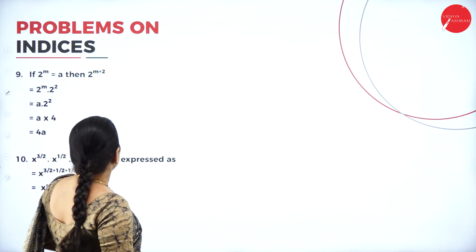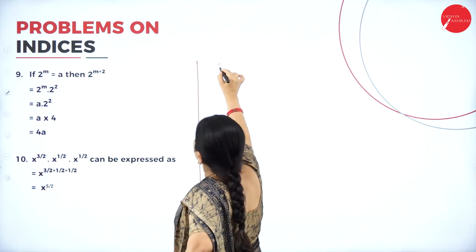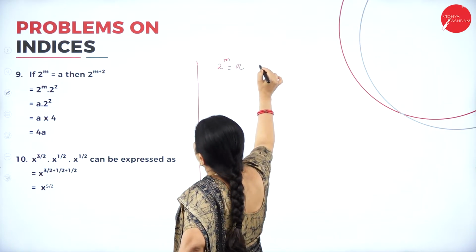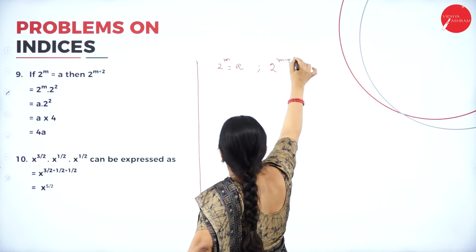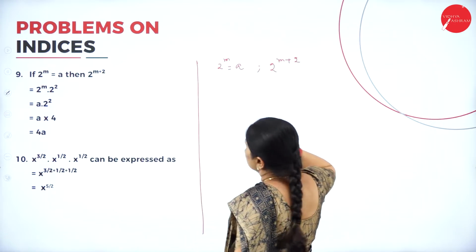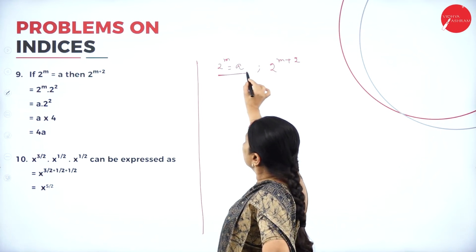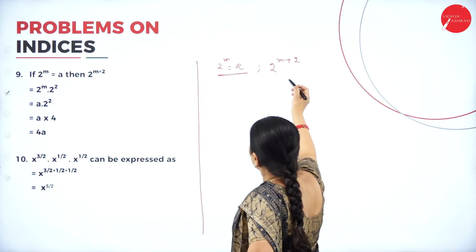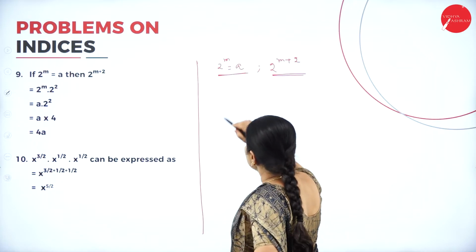Now, the next problem they have given here: 2 to the power of m equals a, then find 2 to the power of m plus 2. They have given us the value of 2 to the power of m. What is the value of 2 to the power of m? 2 to the power of m equals a. Now, they have asked us to find the value of 2 to the power of m plus 2.